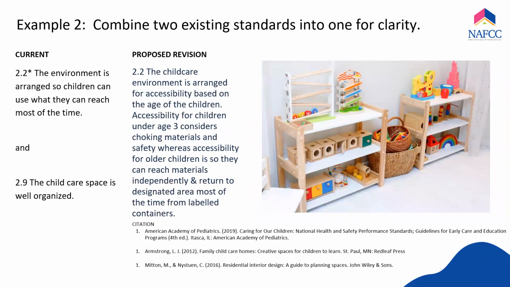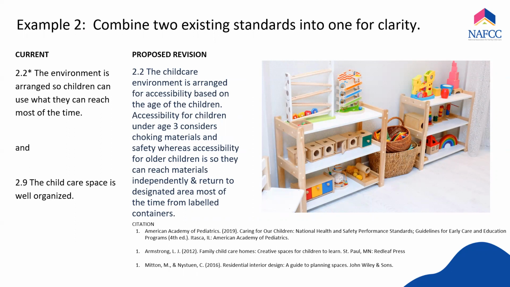For example 2, we will look at standards 2.2 and 2.9. 2.2 currently states, the environment is arranged so children can use what they can reach most of the time. And 2.9, the childcare space is well organized. These have been combined into 1 new standard under 2.2.